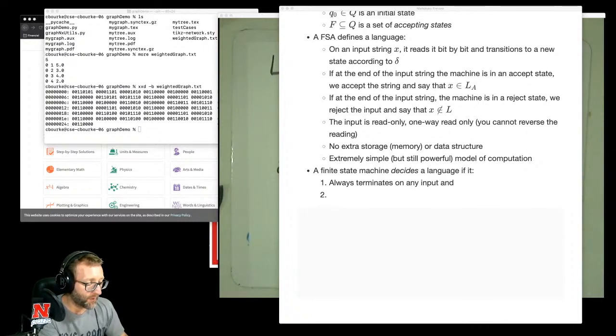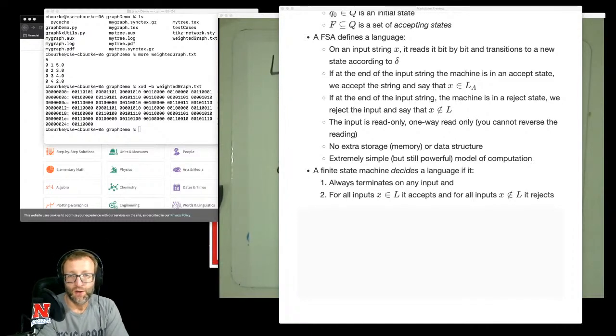For all inputs X in the language, it accepts, and for all inputs X not in the language, it rejects. So the second piece of the puzzle is in place. Algorithms solve problems simply means that we come up with some computational model that decides a language, that always terminates.